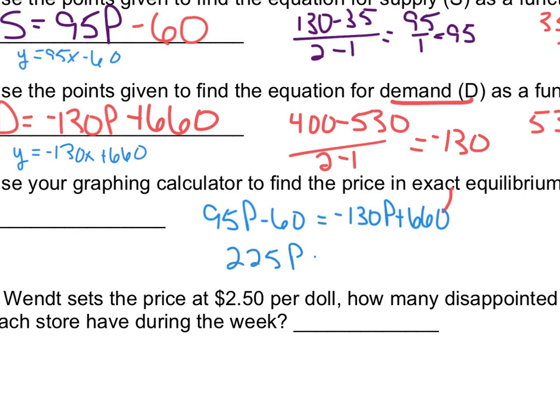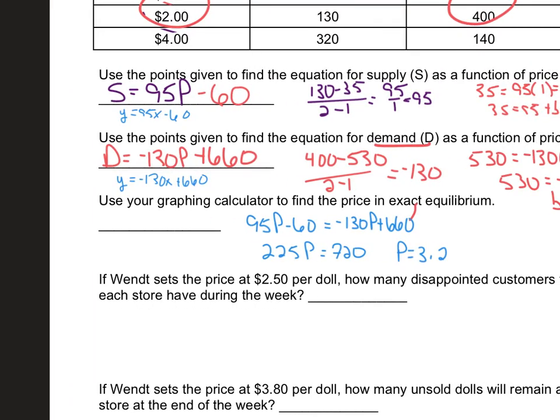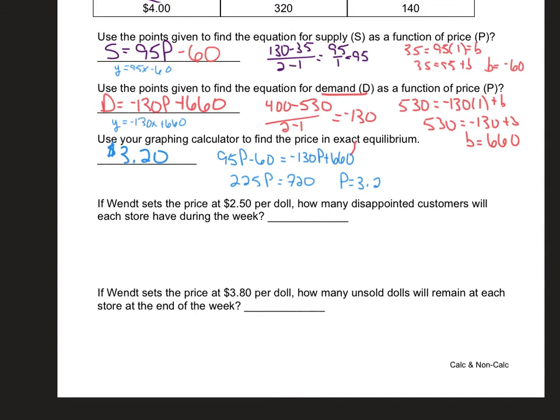I add the 60 to the other side, getting 720. And when I divide that, I get p is 3.2. So if you used your graphing calculator, you'd get the same intersection. So when is the price in exact equilibrium? When it's about $3.20.